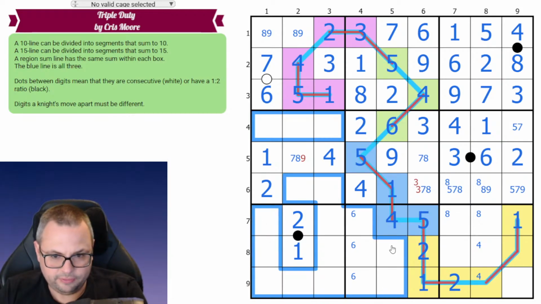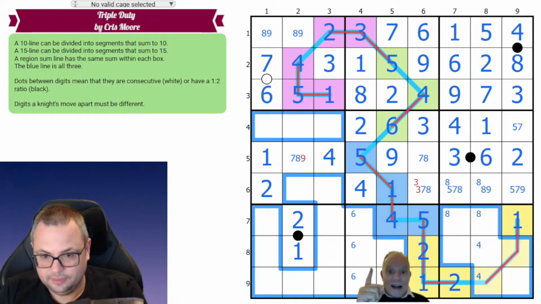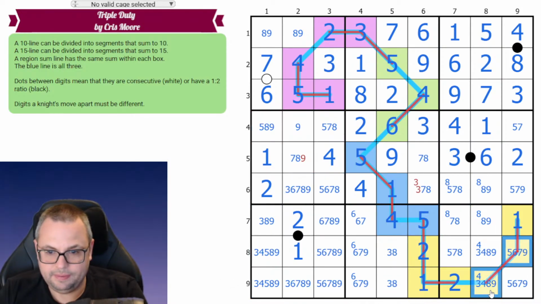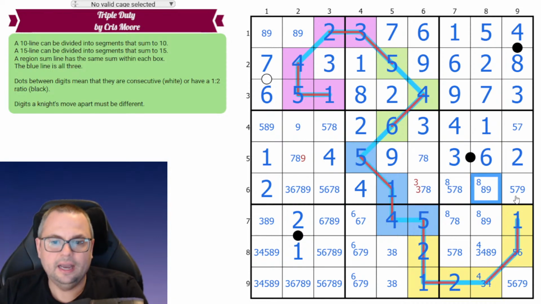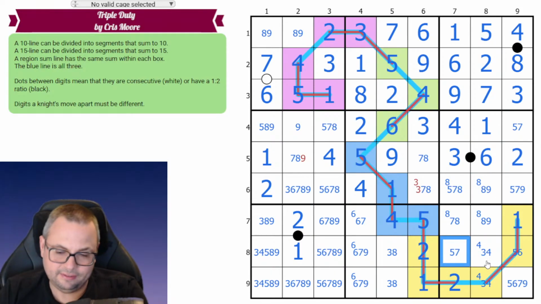I could probably mark the rest of the grid since this is anti-knight. Oh, I can mark those two as well. Okay, and these I know can't be 9 or 7 or 8. Just for the record. That's an 8-9 pair. So that 8-9 pair sees that cell and sees that cell.